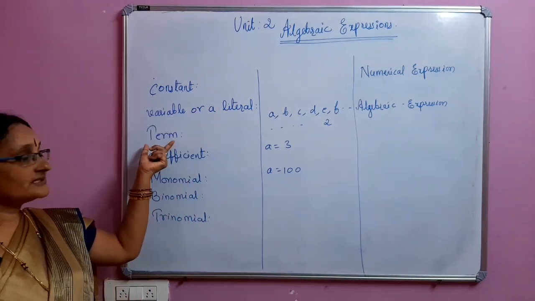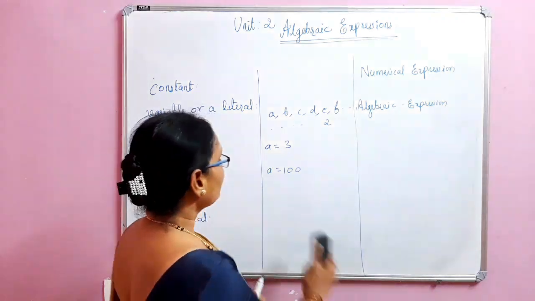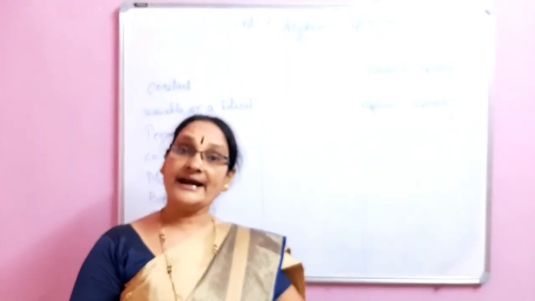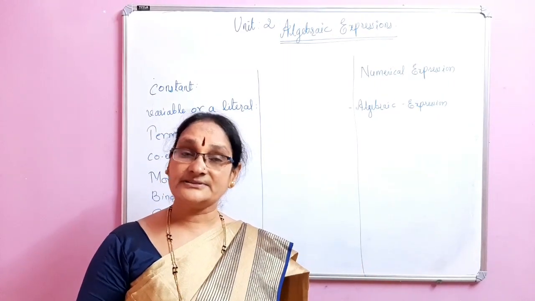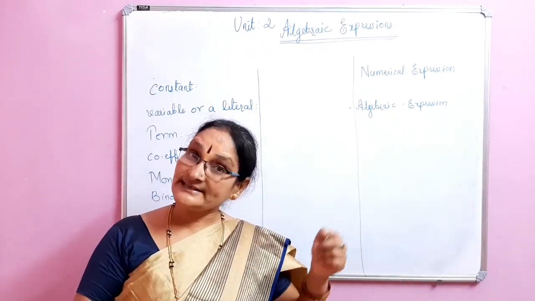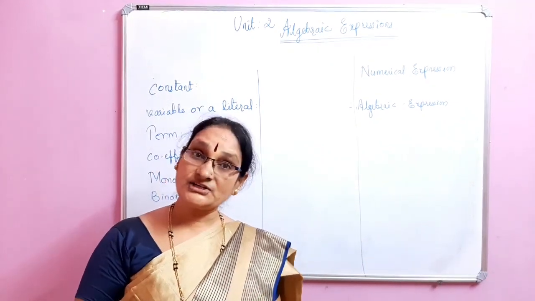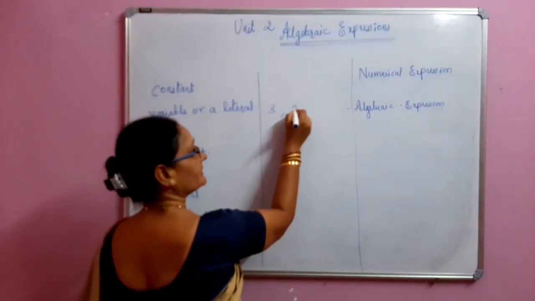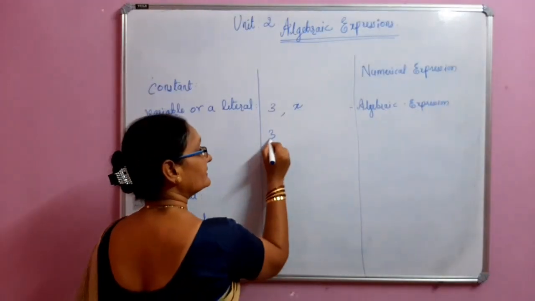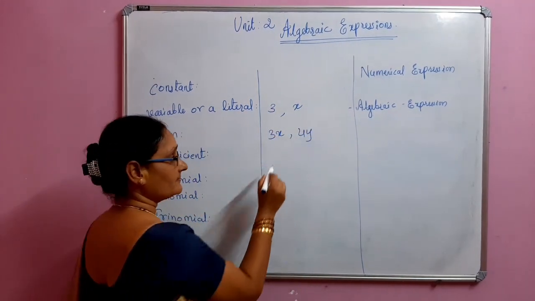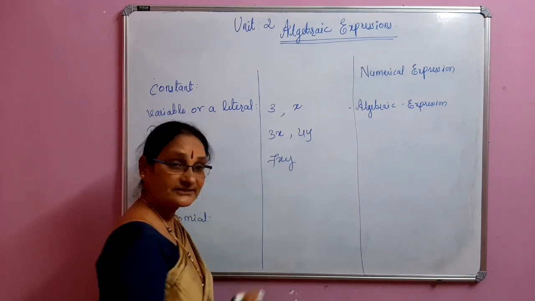Then the next is term. Very important. What is a term in algebra? A term is a combination of constant and variable, or sometimes a constant itself is a term and a variable itself is a term. For example, see, 3 is a term, x is a term, 3x is a term, 4y is a term, 7xy is a term.